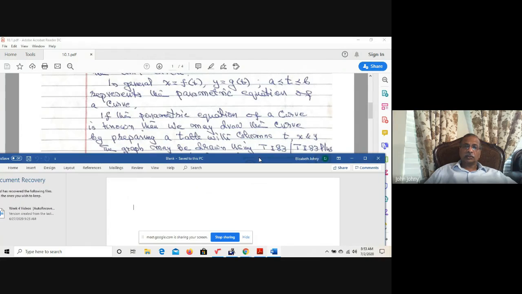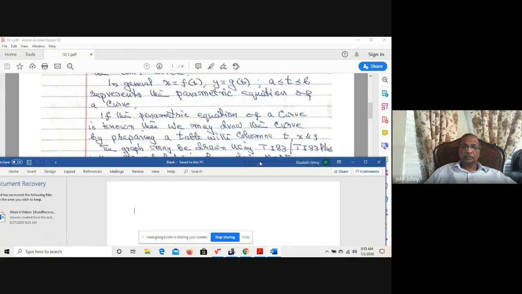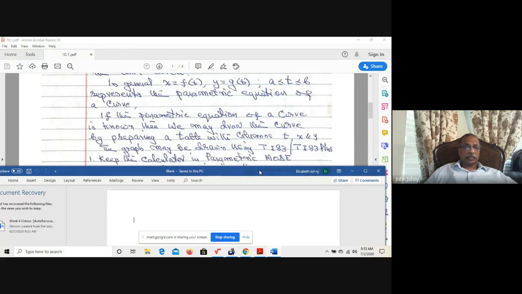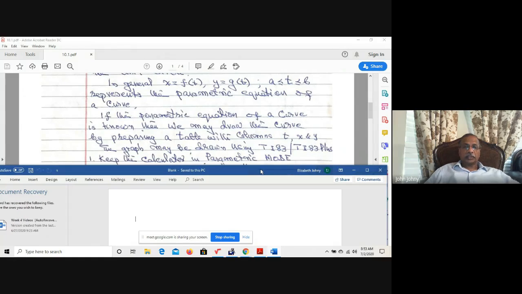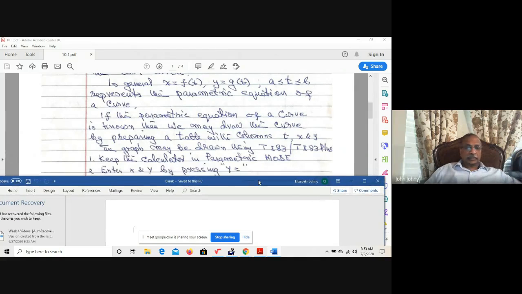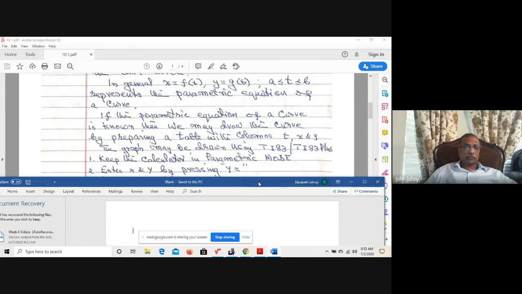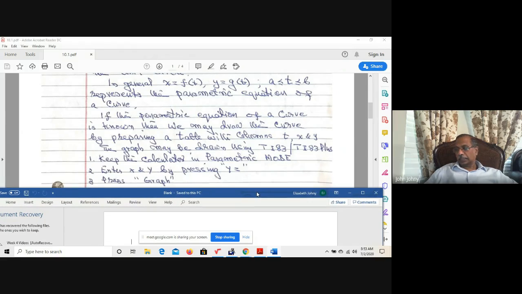The graph may be drawn by using the TI-83 or 83 Plus. Keep the calculator in the parametric mode, then enter x and y by pressing y equals, then press graph. So I'm going to show you how to do that.